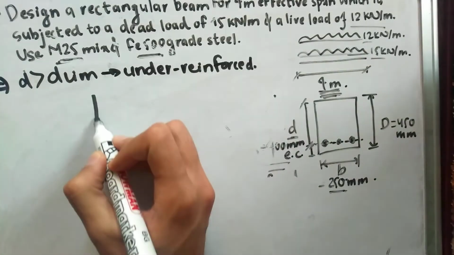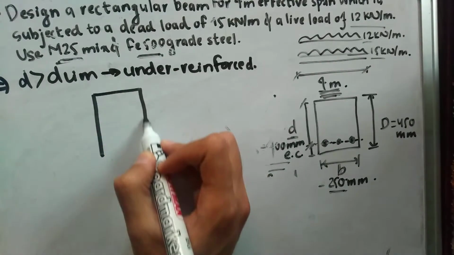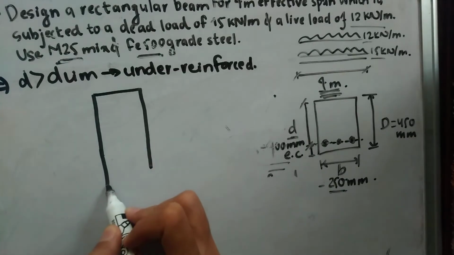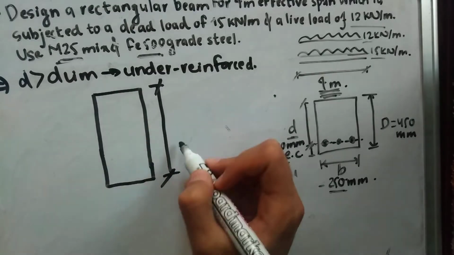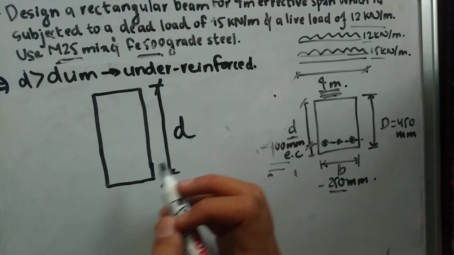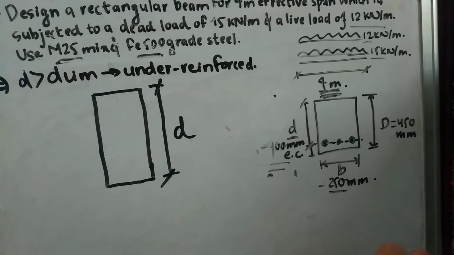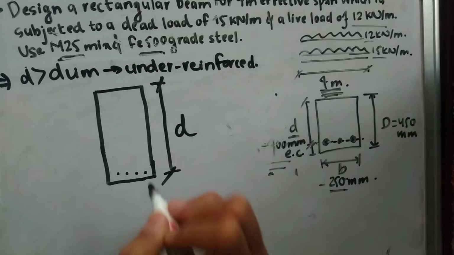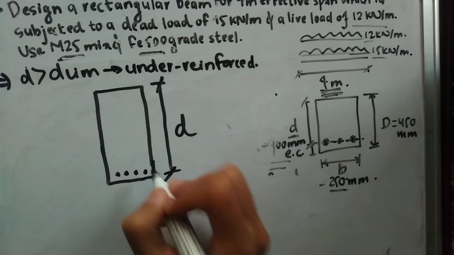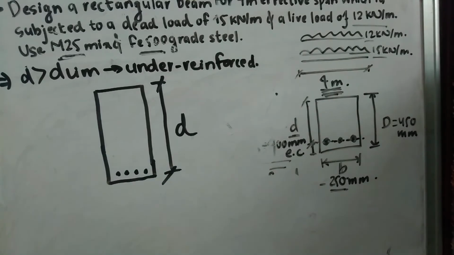Let's say this is our beam, and we are increasing the depth of the beam. If we keep a huge depth, we are going to use more concrete, or more cement in a simple sense. In that case, we are going to use less reinforcement, or the reinforcement is going to take less stress. So in such a condition the reinforcement is going to be less, so it is under reinforced.